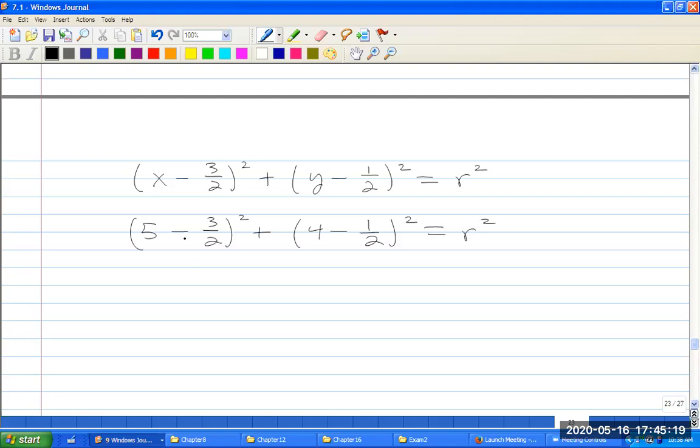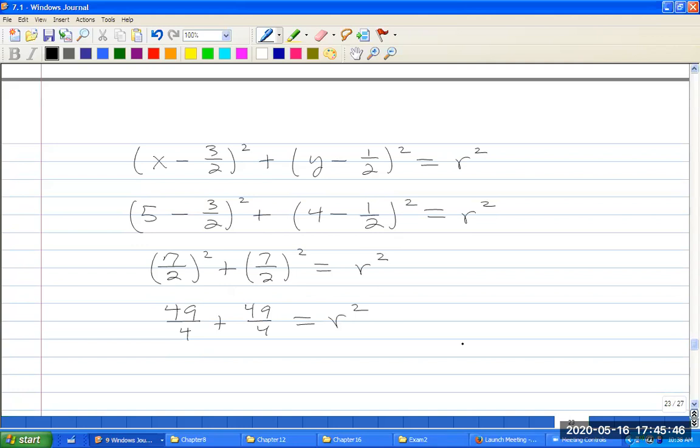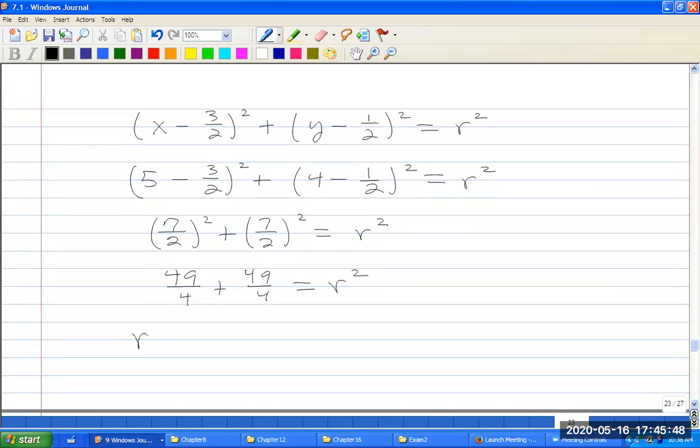And so that's 10 halves minus 3/2 is 7 halves. 4 is the same as 8 halves minus 1/2 is 7 halves. 7 squared is 49. 2 squared is 4. So I get that r squared is equal to 49 over 2.